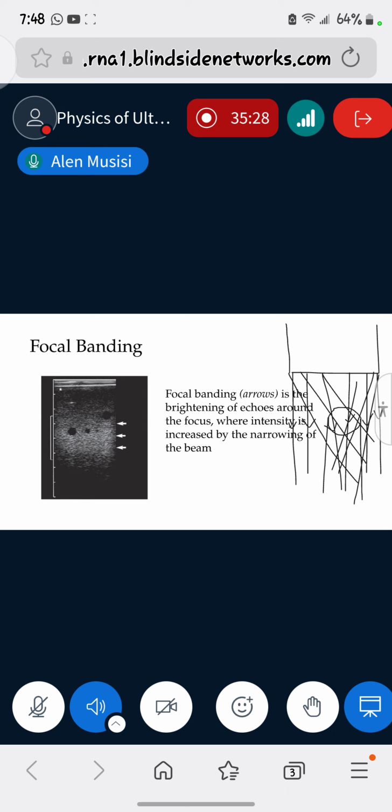Then why would you use spatial compounding? I have just said that you only use spatial compounding if your interest is not a structure which is casting the shadow. If your interest is in the structures which are beyond that highly attenuating structure, then you can use spatial compounding to reveal what you want. Have I answered your question? Yes, sir. Thank you.